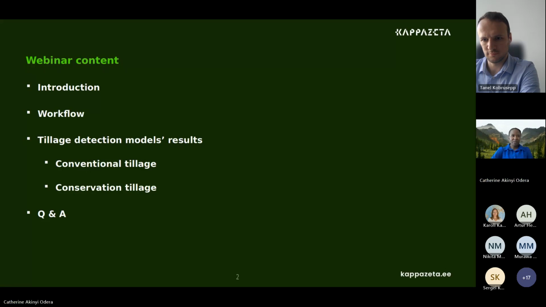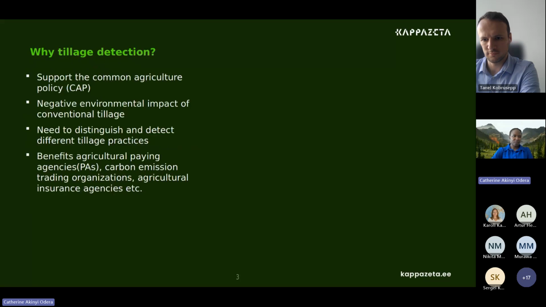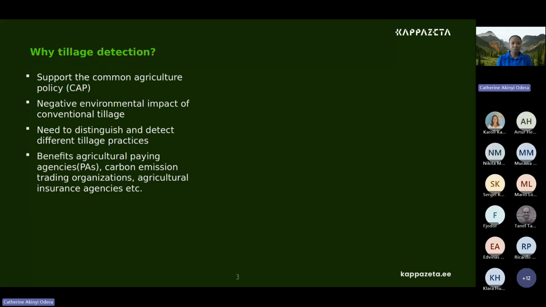So I'll start off with a bit of the introduction, and just to answer the question why tillage detection is important. In the context of this project, the main aim was to support the work that is being undertaken for the Common Agriculture Policy, whereby tillage is one of the use cases listed for subsidy checks under the Common Agriculture Policy. In this, it ensures that farmers who are undertaking farming practices that are environmentally friendly would get remunerated for that.